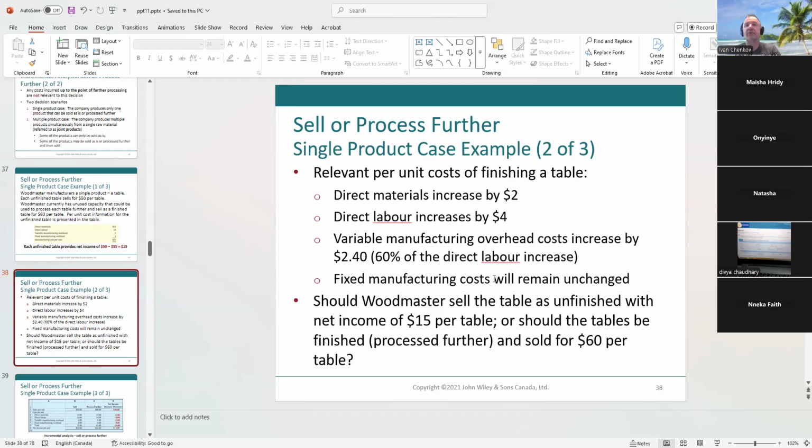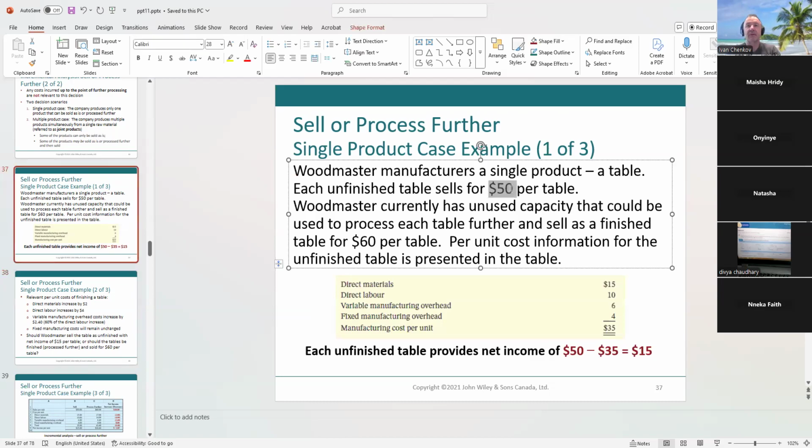Fixed manufacturing overhead is going to stay unchanged. But now we can sell the table for $60. Currently we sell it at 50. If we make it finished, we can sell it for 60. How much more can we generate per table?